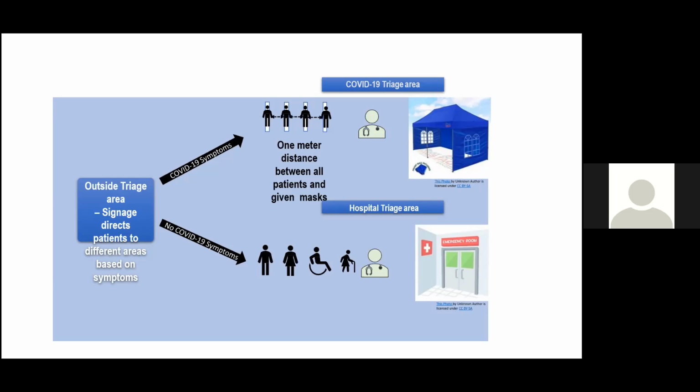Patients with symptoms also have to be triaged because they are not of the same severity. For example, while triaging, you may find one with respiratory symptoms and hypoxia, who needs oxygen immediately.